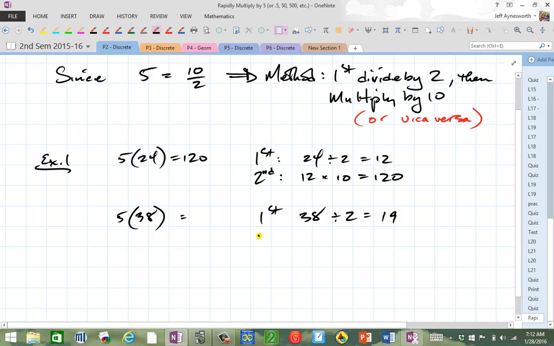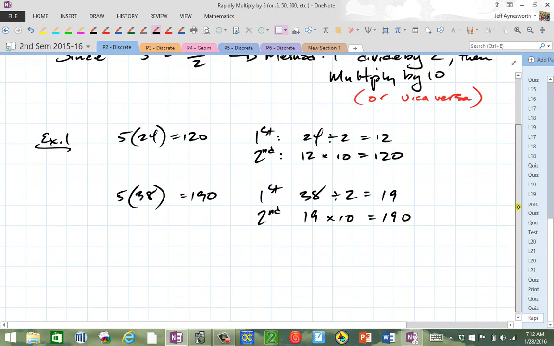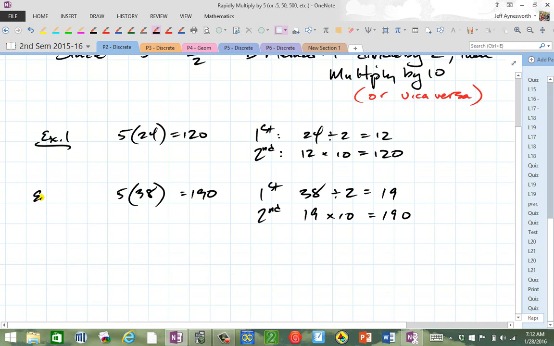Secondly, you take 19 times 10, and everybody knows that's 190. You just attach a 0 to it. And with the left to right method, 5 times 30 is 150, 5 times 8 is 40, and 150 plus 40 is 190. So the answer is 190. It works every single time.